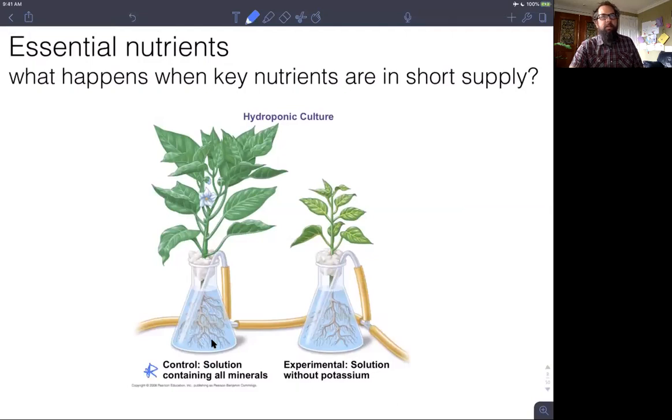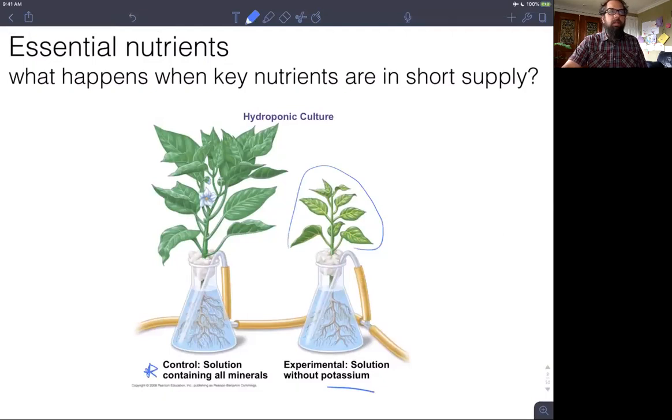And because this is a hydroponic solution, we can really accurately and precisely control, without soil, the availability of particular macro and micronutrients to the plant, and then look at the symptoms from that. And so here's our experiment that has a hydroponic solution of everything except for potassium. And when we don't have potassium, we see this chlorotic tissue along the veins of the plant. And so that's a way to actually determine which nutrients are essential.